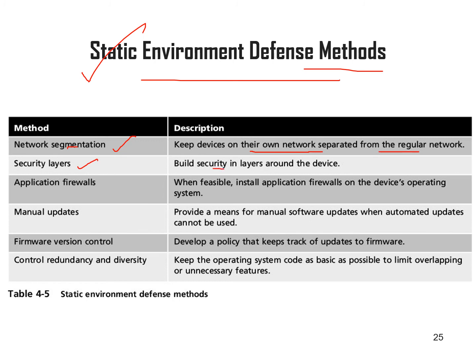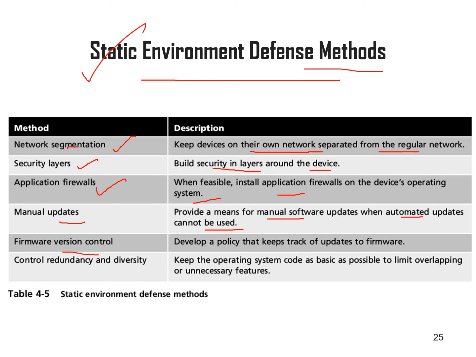Security layers: build security layers around the devices. We can do this. Application firewalls: when feasible, install application firewalls on the device operating systems. Manual updates: provide a means of manual software updates when automated updates cannot be used. If I am not able to update a particular static environment device, for example a microprocessor or an embedded device, I can do a manual update.